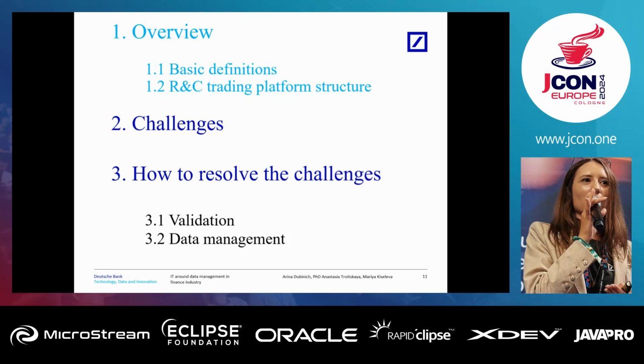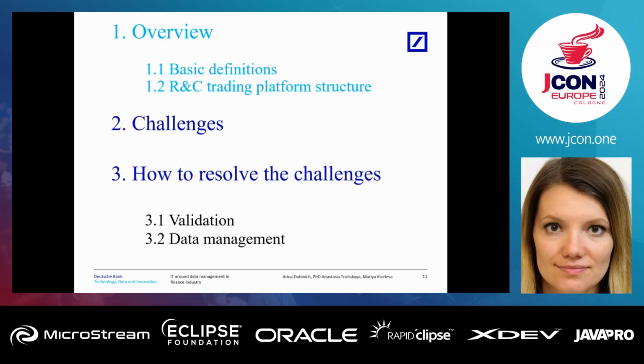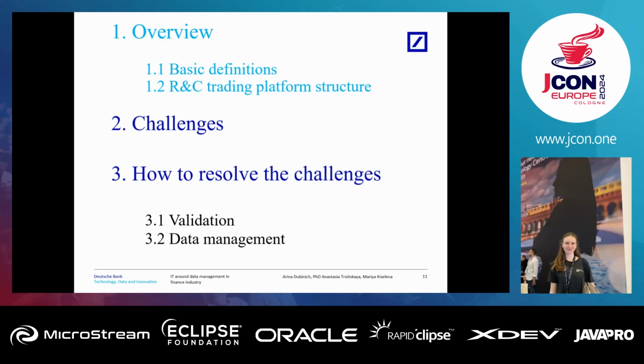What kind of challenges do we need to resolve in order to build and support such a platform? And this session will be focused only on two aspects. The first one is validation of incoming requests, and another one is data management that is required to perform such kind of validation. But there are more which are out of scope for this session. For example, questions related to latency or algo execution.